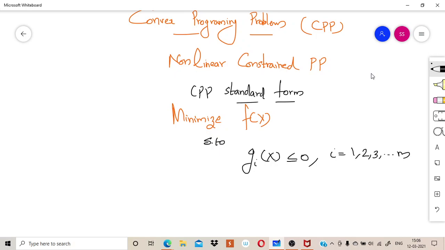That means m number of inequality constraints are there. So this is our standard form.